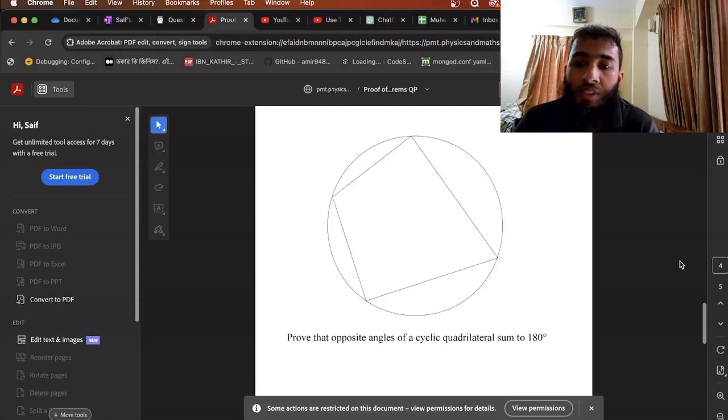The second problem that we are encountering is: you have to prove that the opposite angles of a cyclic quadrilateral sum to 180 degrees. So this is a quadrilateral within a circle. You have to prove that for the opposite angles, this angle and this angle, the sum of these two angles, or this angle and this angle, the sum of these two angles is 180 degrees.